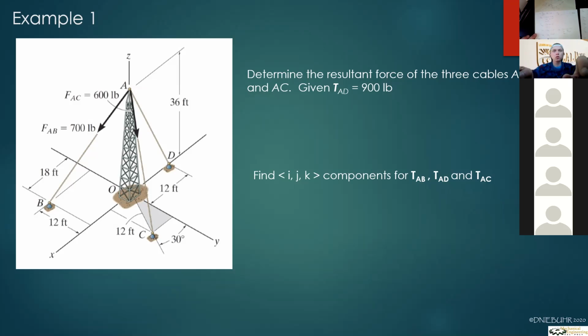And then if we plug in the same thing down here, we get 361 times sine of 33.7. And this gives us negative 200. And we're getting the negative 200 because if you look here, we're going this way in the negative y direction. So our final answer is 300I minus 200J minus 700K.